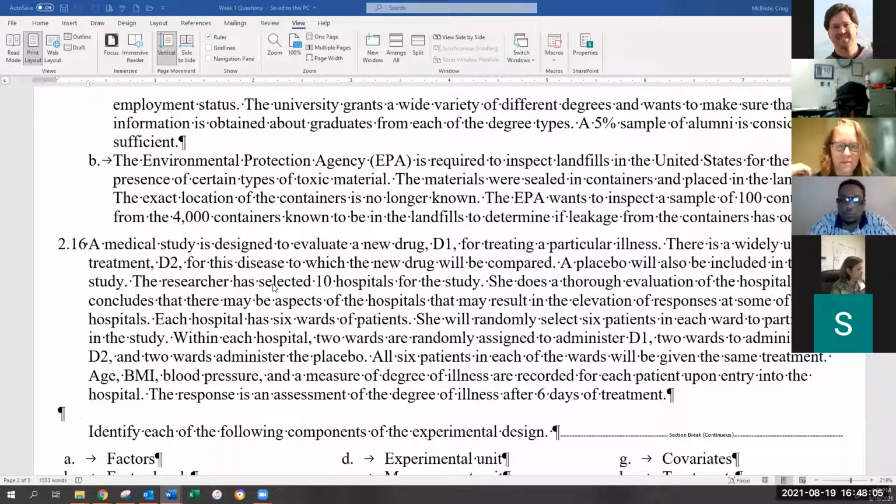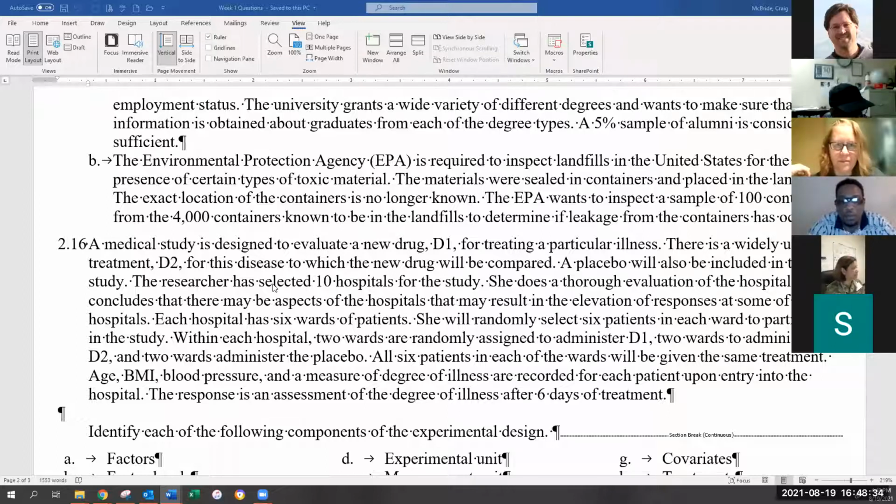I don't know how the book could argue that it's the wards, in all honesty, but some people would say, well, if the hospital is the block, and then I'm looking at individual wards within the hospital, then those become my experimental units. But then my response would be, yeah, but are you measuring the wards? You're not measuring the wards. You're measuring the people. So the people are the experimental units, right? So it's one of those things.